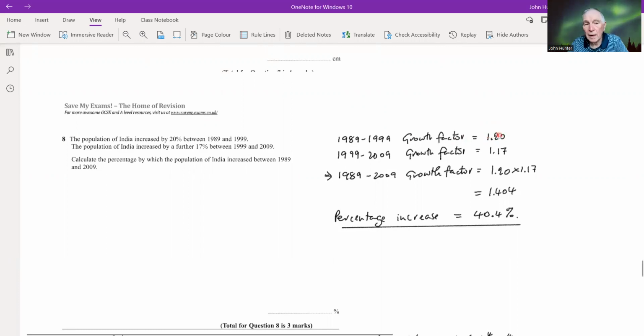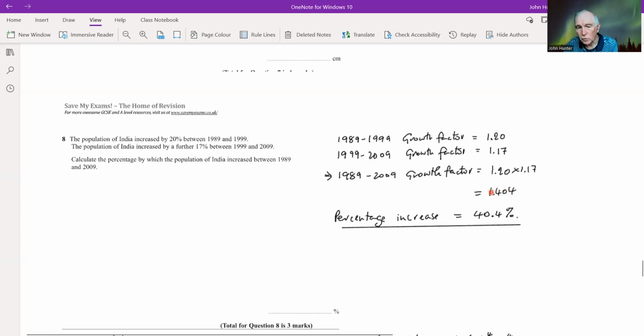So whatever that population was, we multiply by 1.2, and then we're going to do the same thing with the second 10 years. So therefore, the growth factor over this 20-year period is going to be the product of these two. So it's going to be 1.2 times 1.17, which works out to 1.404. So this is the growth factor for the 20-year period.